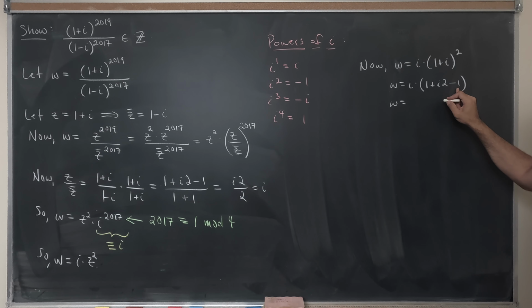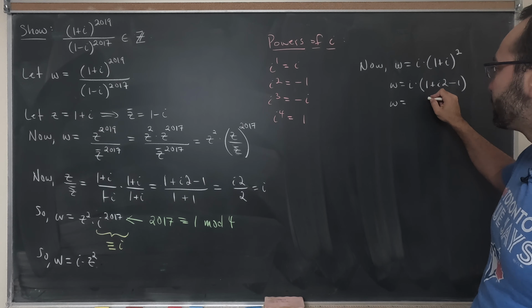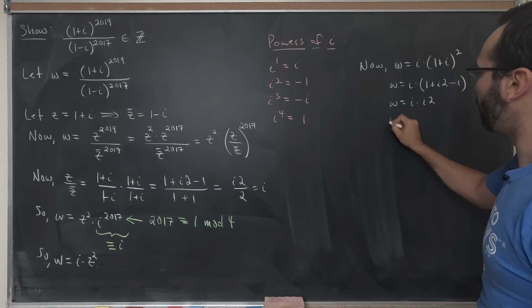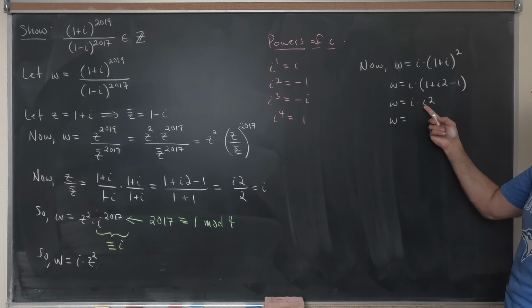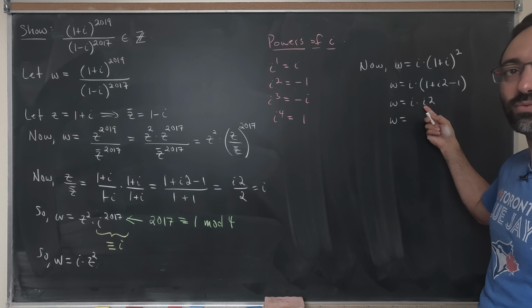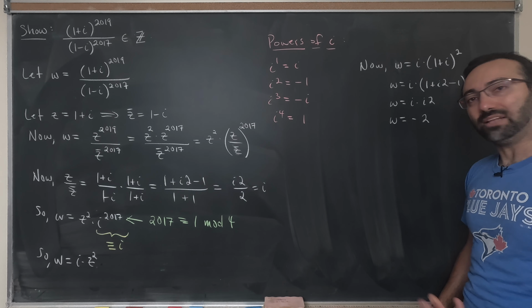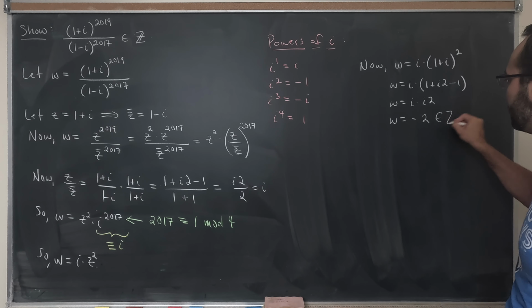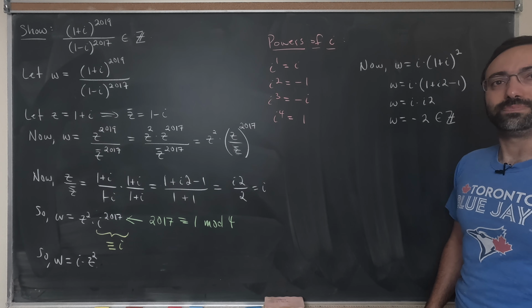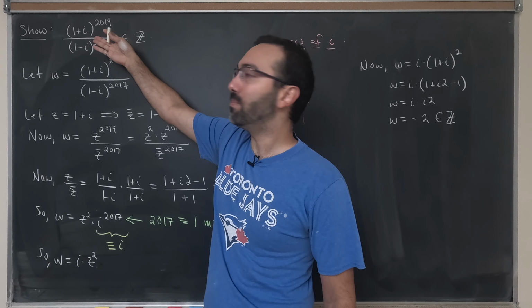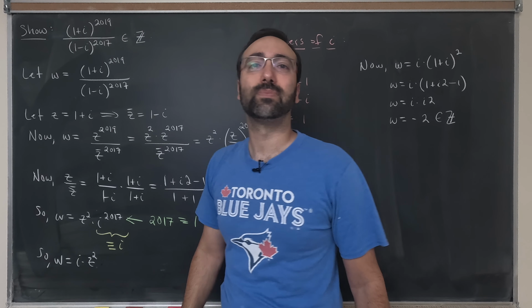These ones cancel, leaving us with 2i in the brackets. And then if we multiply that by i, well, that means w is i times i, which is negative 1, times 2. And so we get negative 2. And so we see that this answer is indeed an integer. And so we've shown that this seemingly complex number really is just an integer.